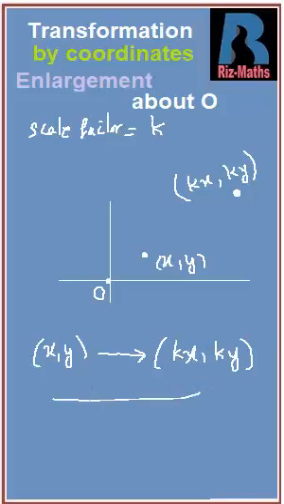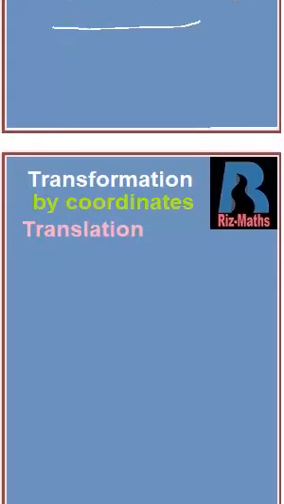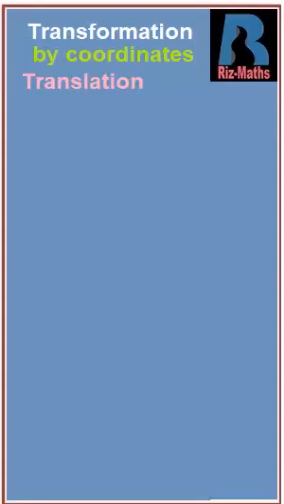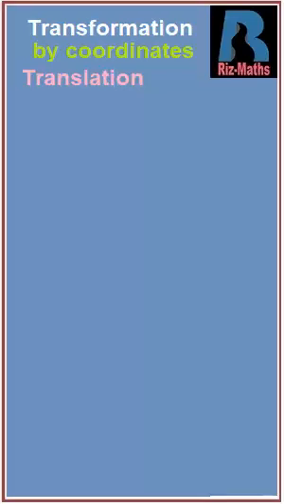Okay, so then after that we will have translation. As you know, translation is quite different than the other three transformations. So here simply it is dragged. So we need only the translation vector.